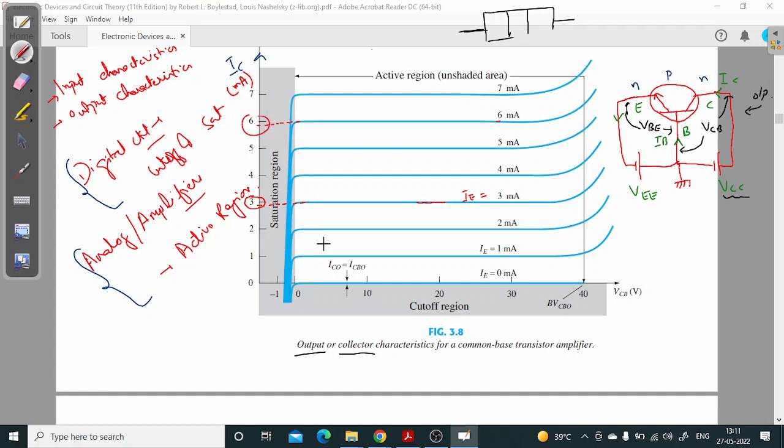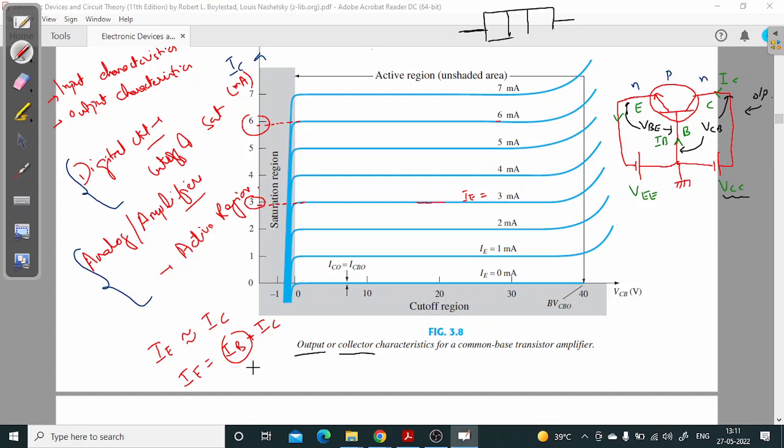So from this graph also we can say that the value of IE is almost equal to the value of IC. Actually IE is equal to IB plus IC, but because the base current IB is so small, we can neglect IB for many purposes, for many applications.